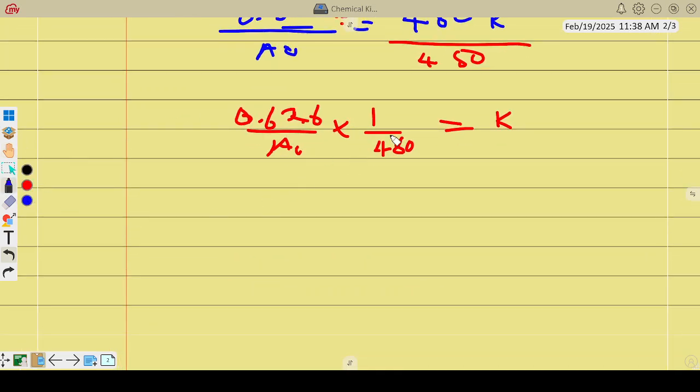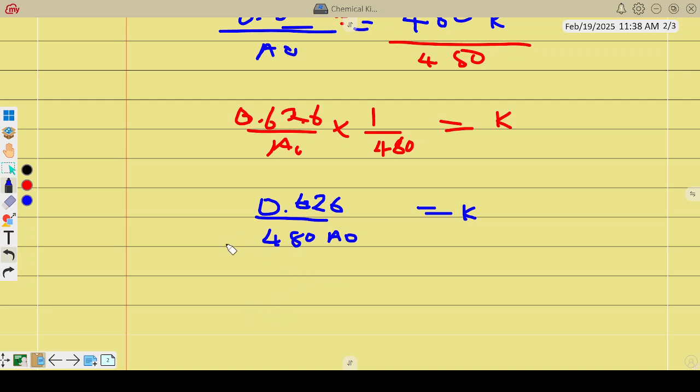So yeah, this will be 0.626 over 480 A naught. It's equal to K. So I can simplify it whereby we divide 0.626 by 480.